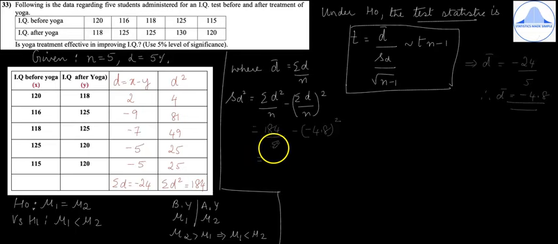So this is equal to 36.8 minus 23.04. So therefore sd will be equal to root of 36.8 minus 23.04.